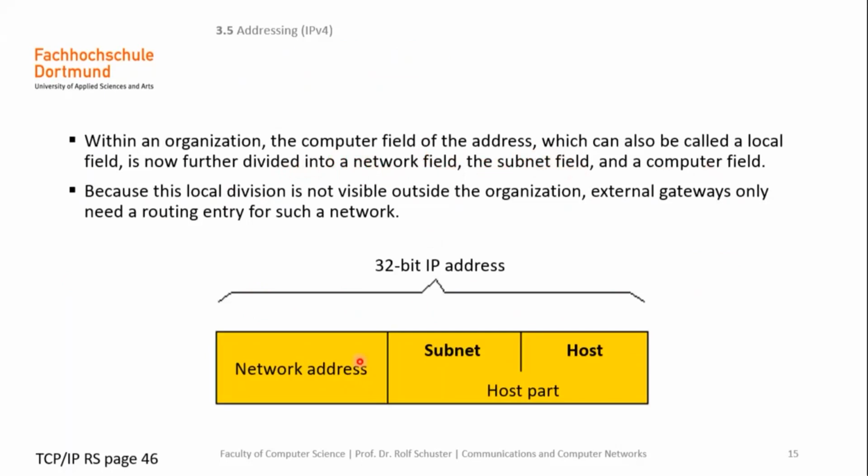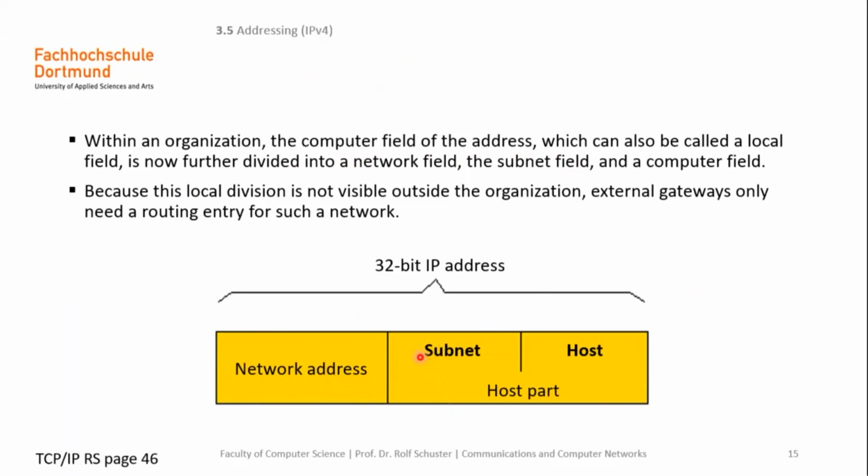That is, the IANA, for instance, assigns a network number like this to an organization, and the host part of those addresses could be used by the organization, for instance, a corporation, a university, an internet service provider.